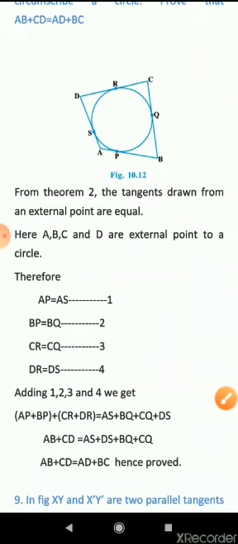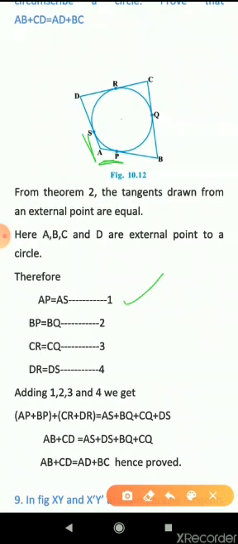AP equals AS, because if we consider A as an external point, the tangents drawn from that external point to the circle are equal. Take it as equation 1. Coming to B, if B is an external point, BQ and BP are tangents, they are equal.